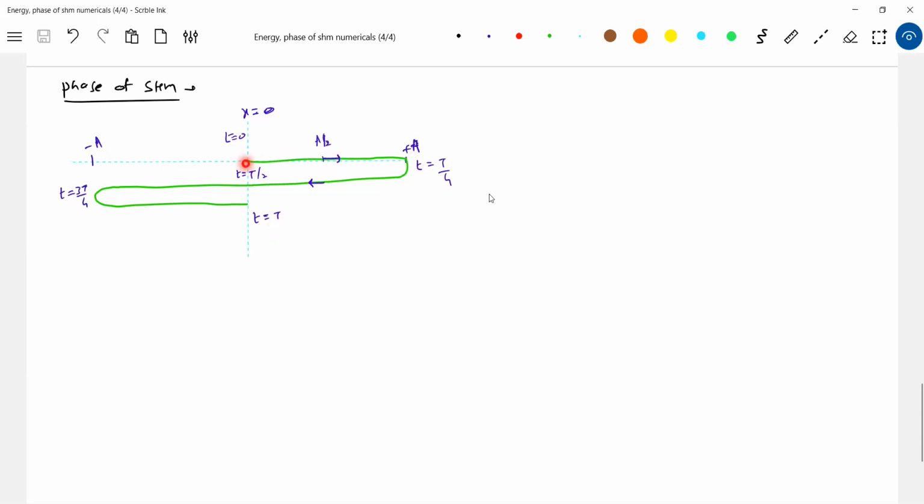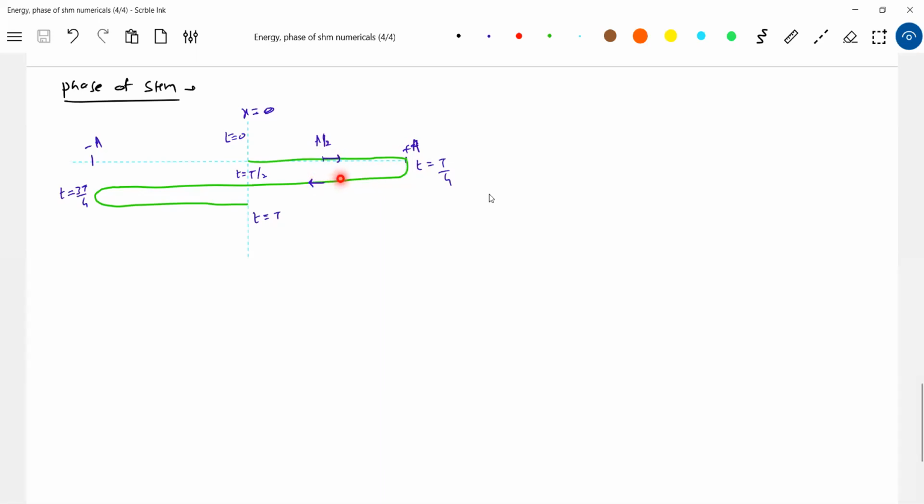Now I say that the particle is at a distance A by 2 and moving away. So this is a condition. The particle will be again at A by 2 when it is moving from right extreme to mean. You can see this. So will these two times be equal or different? Definitely different. And again, it will be at the same position after some time.